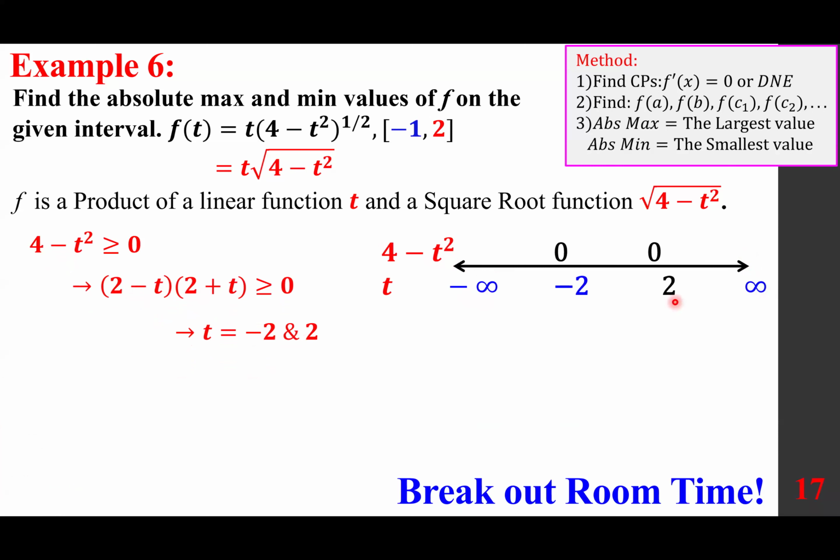We put these two numbers in order, and the t, the variable of interest, may be t or x, going from negative to positive infinity, and the function of interest 4 minus t squared is 0 at negative 2, it's 0 at positive 2. And so we want to see what happens in between.